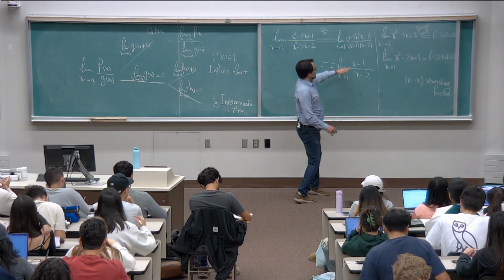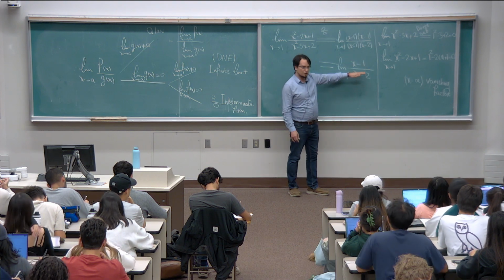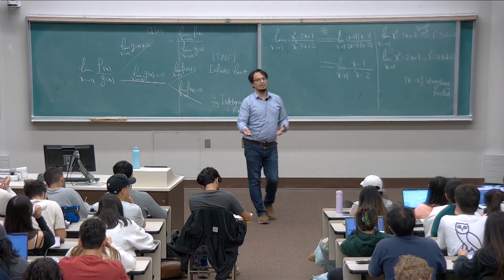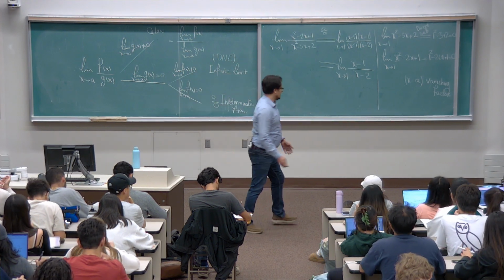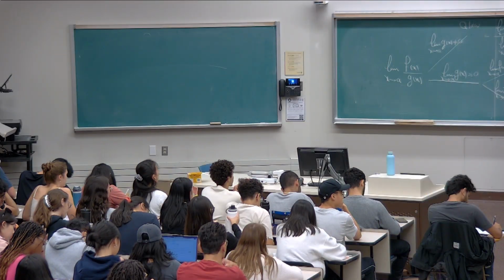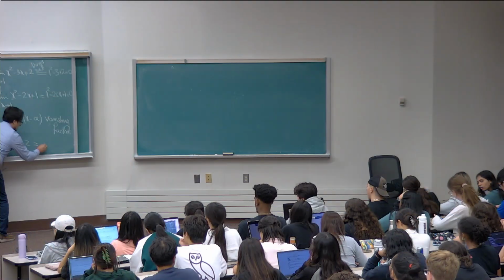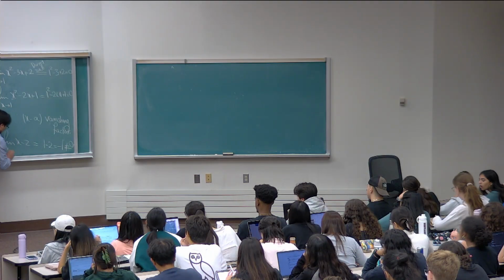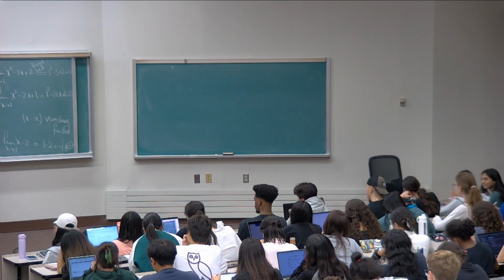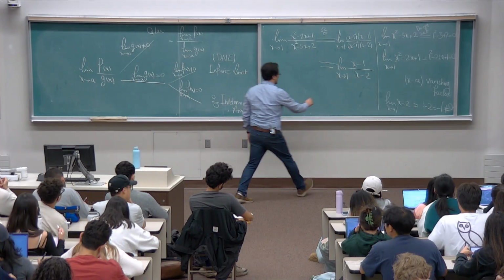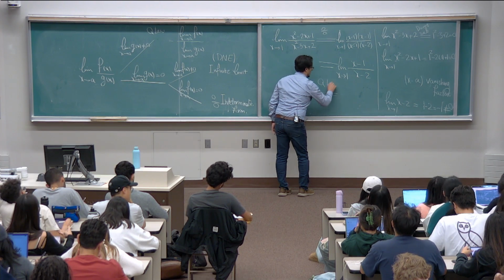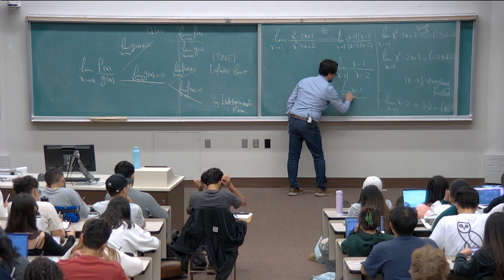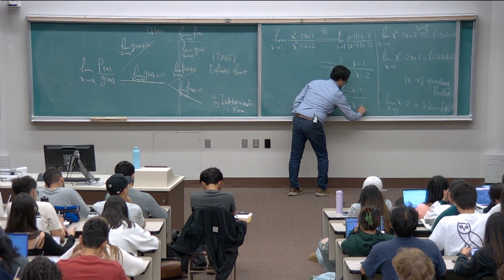Now, it's a limit of a quotient. Then you repeat the same steps. Is the limit of the denominator 0? Well, let's see. The limit of x minus 2 is 1 minus 2, negative 1. No, that's not 0. That's the best thing that can happen to us, because now I can go ahead and use the quotient law: limit of x minus 1 over limit of x minus 2.